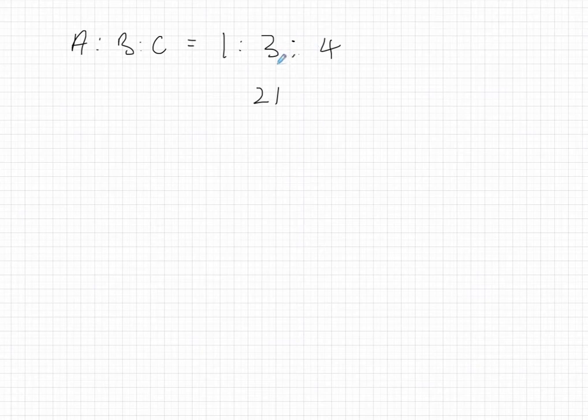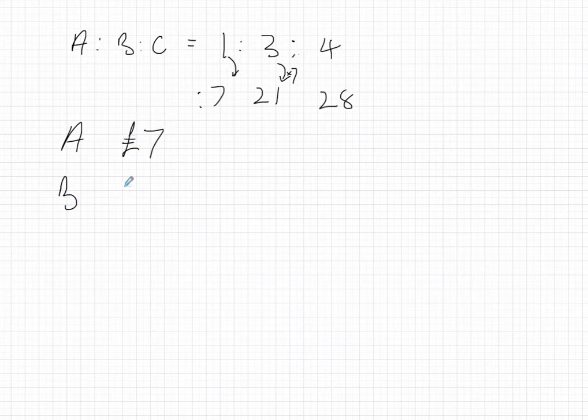So to get from 3 to 21, we multiply by 7. So we do that times by 7. 4 sevens are 28, so 28 goes there, 1 times by 7 gives 7. So A's share will be £7. B's share is what we were told, which is £21, and C's share is £28.